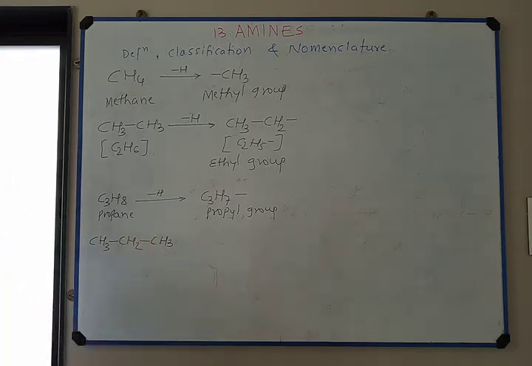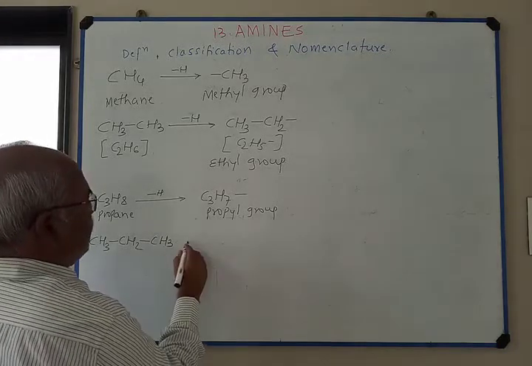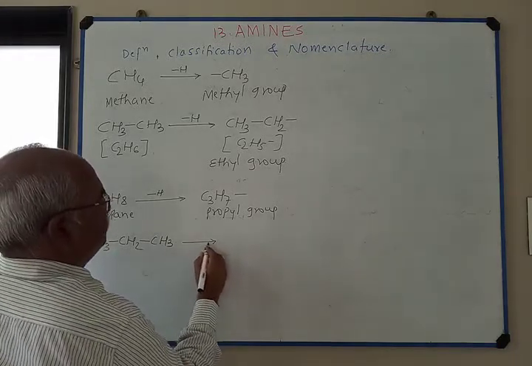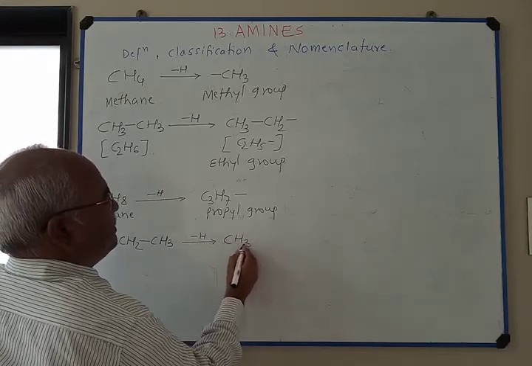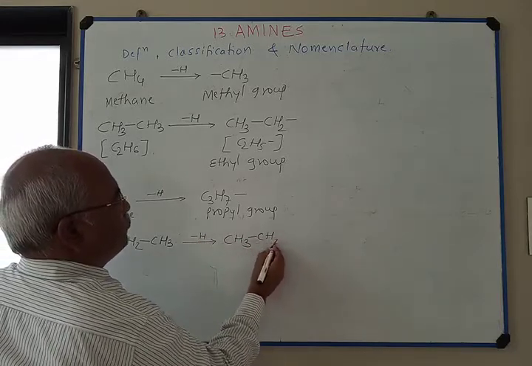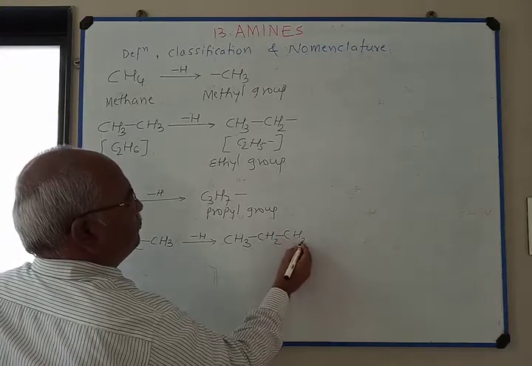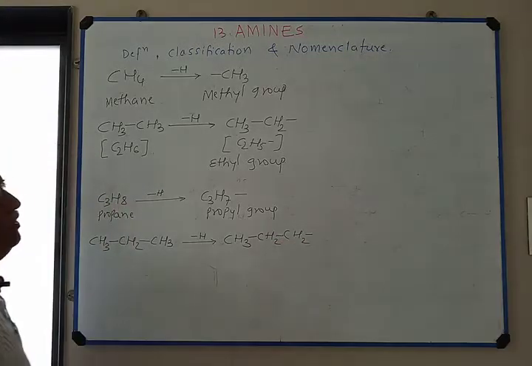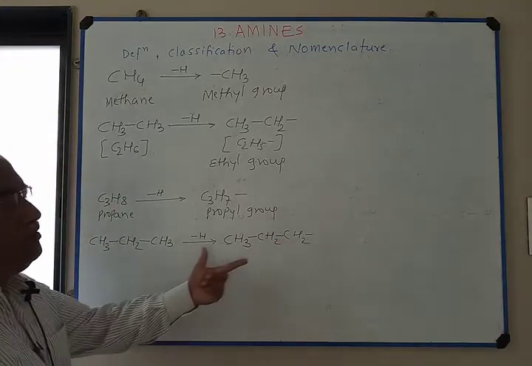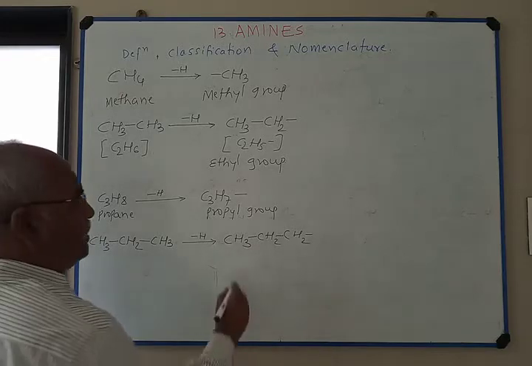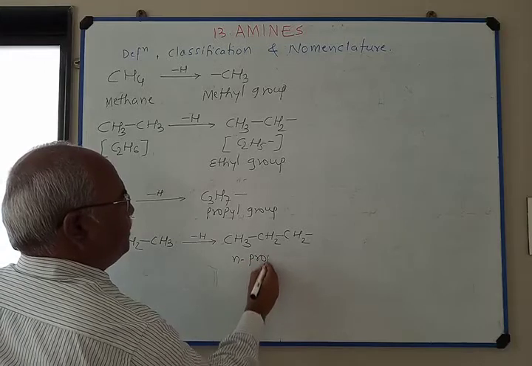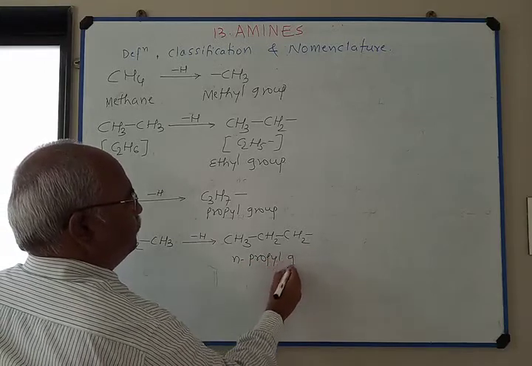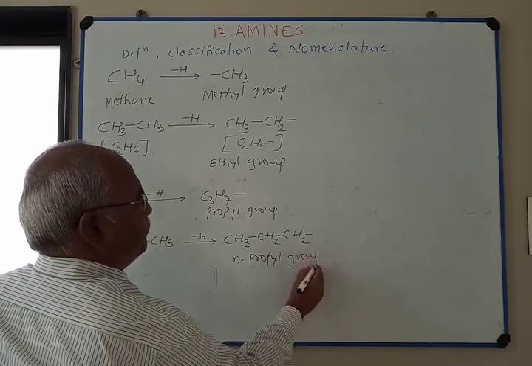I remove hydrogen from terminal carbon atom. We get CH3, CH2, CH2. In this group, all carbon atoms are in a straight chain. Therefore, it is called N-propyl group.